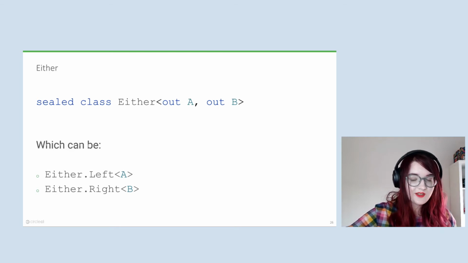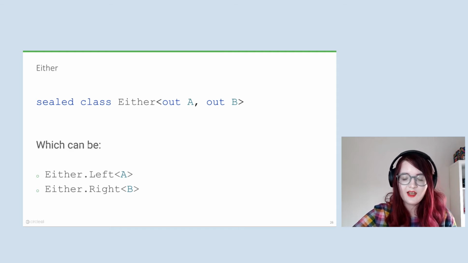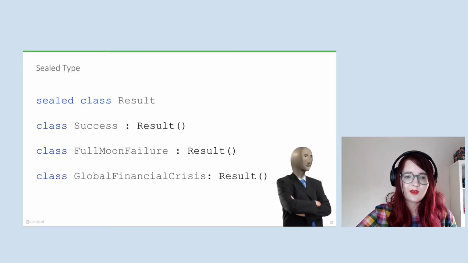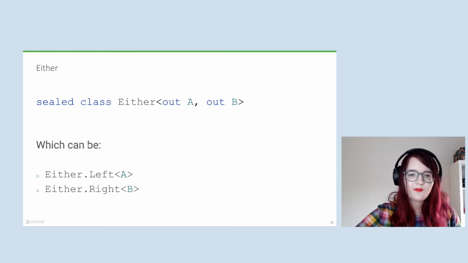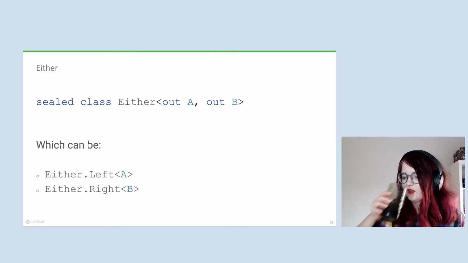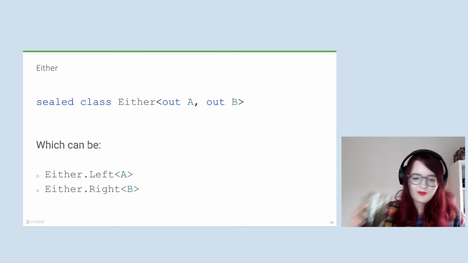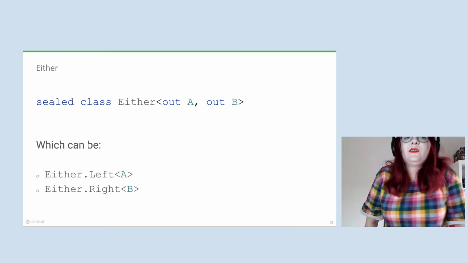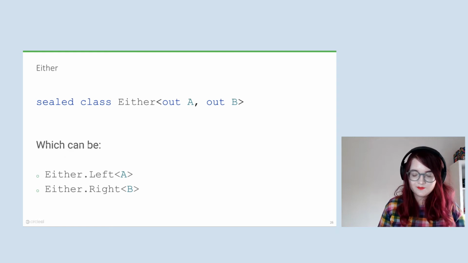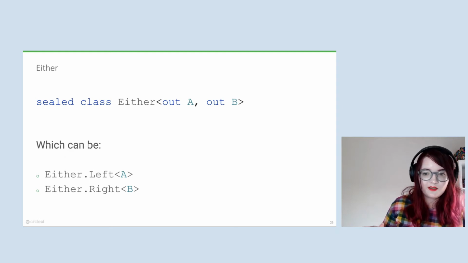So in our previous example, either will be just success, and full moon failure and global financial crisis will be some kind of failure. We can use it for describing happy paths and failures, which I will describe slightly later.